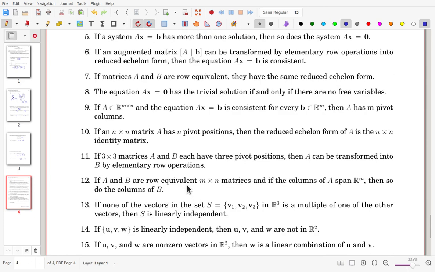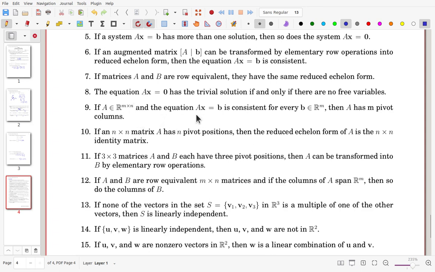Okay. Number 9. A is an m by n matrix, and the equation AX equals B is consistent for every B, then A has m pivot columns. Is it true? Yeah, it must be true.